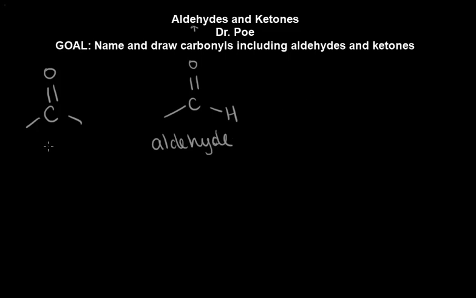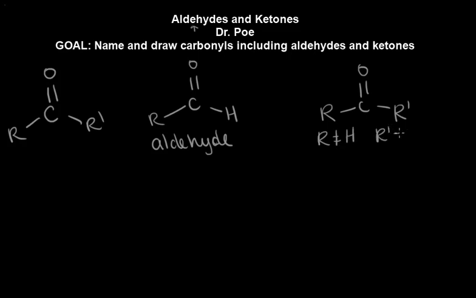And if neither one of those things is an H, where R means anything, R is not equal to H, and R1 is not equal to H, meaning it's in the middle, then that's called a ketone.